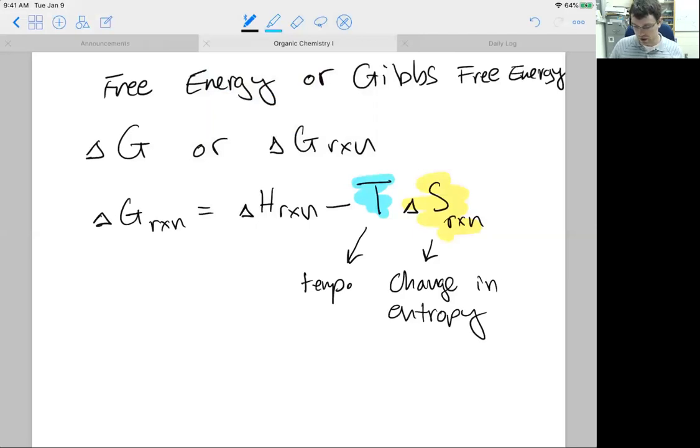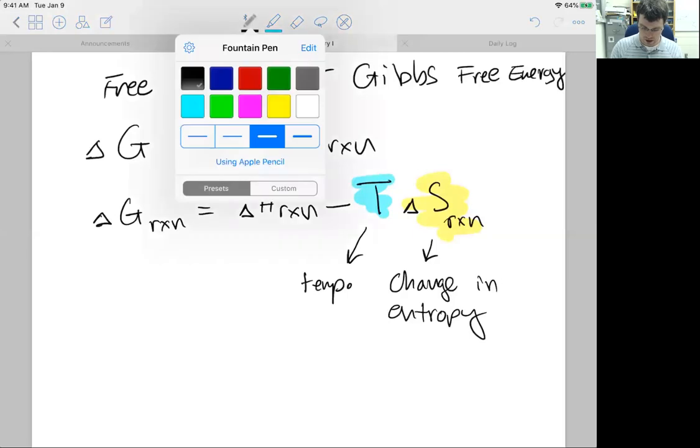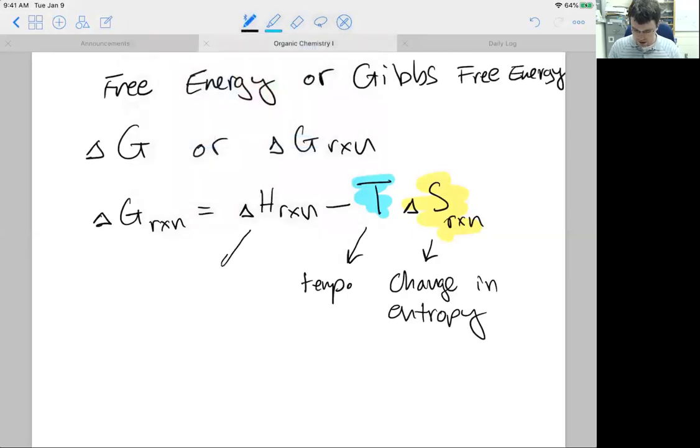So temperature, and then delta H, this again is the heat, and it's called the heat of reaction, and we'll just keep it there. Okay, I know there's a delta in front of that.